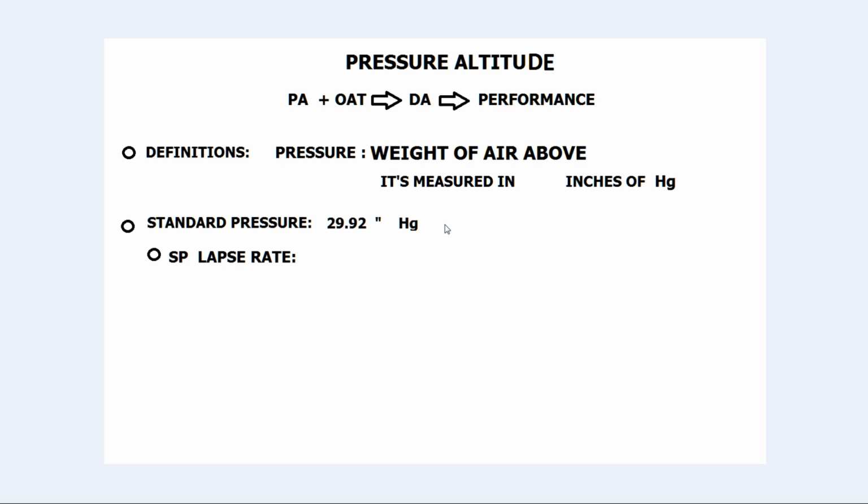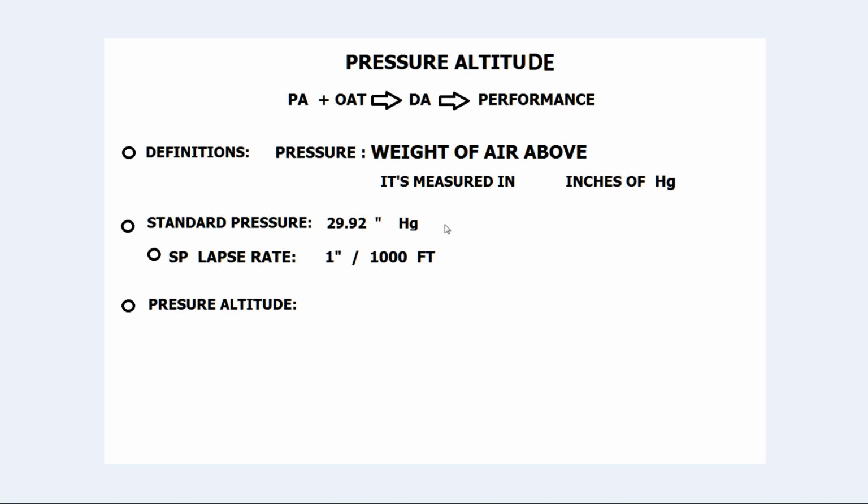So as we know, when we climb up 1,000 feet, we lose about 1 inch. So 1 inch per 1,000 feet of altitude gain. This is called standard lapse rate. So with that lapse rate, we're gonna find how far we are above that standard pressure, or 29.92.